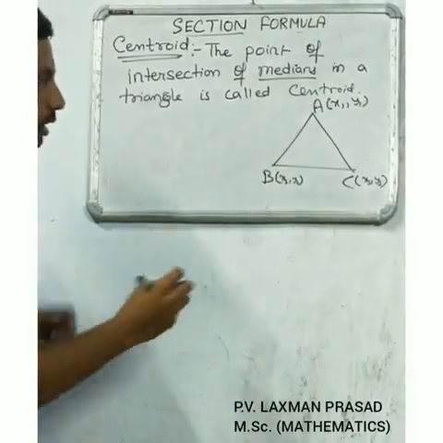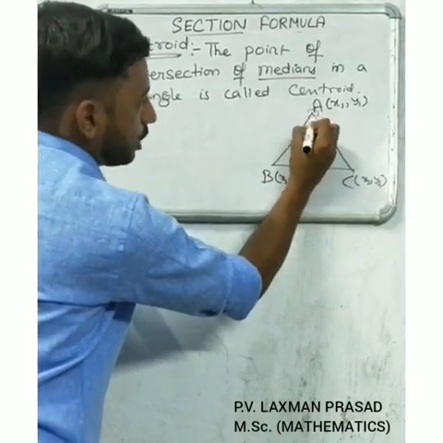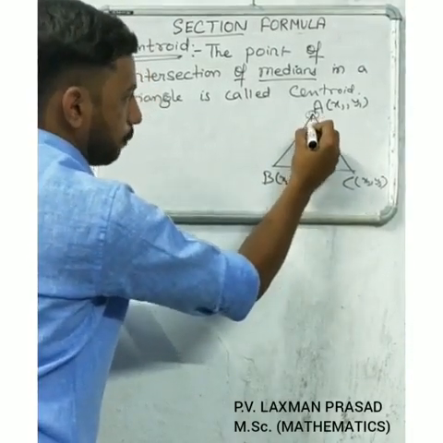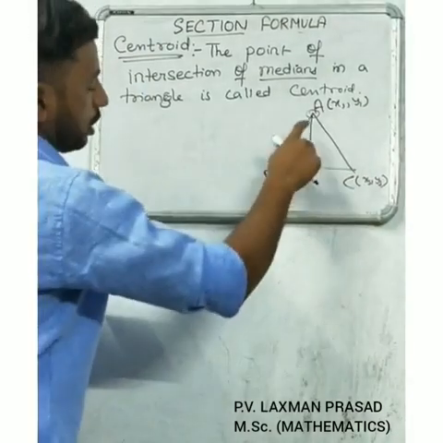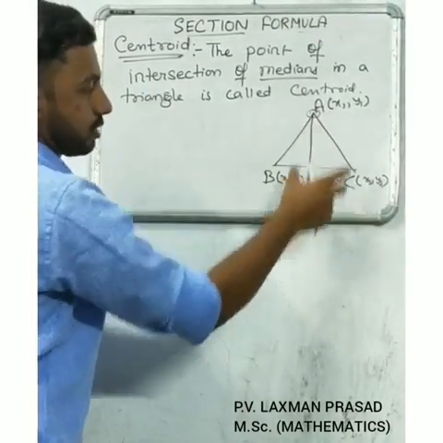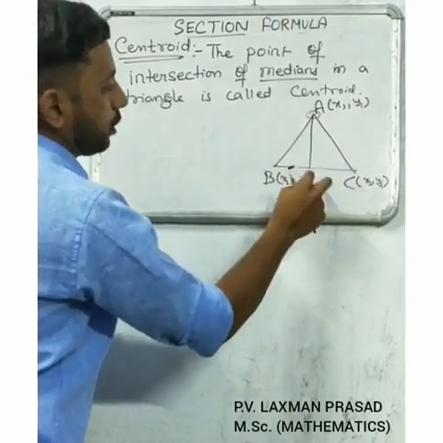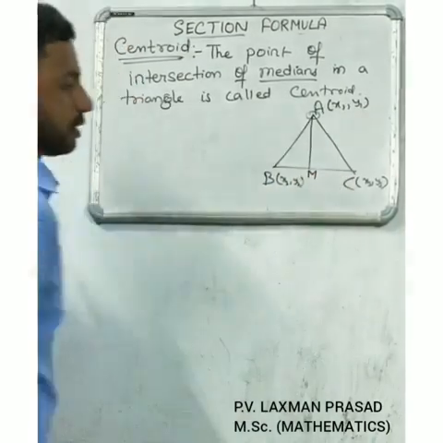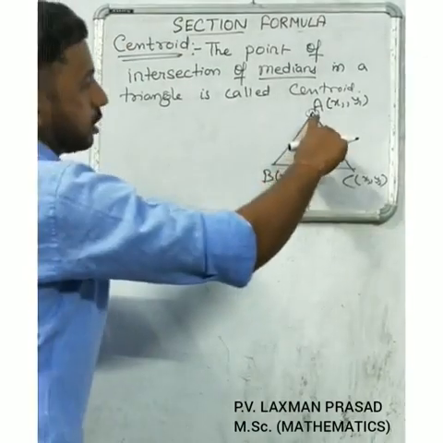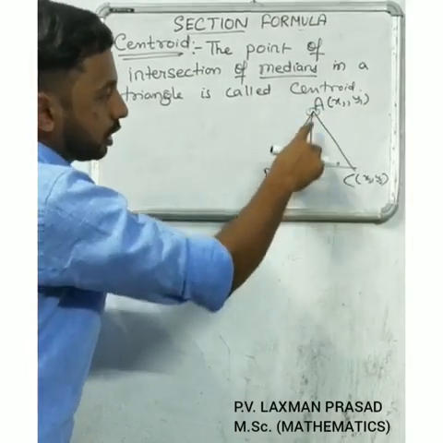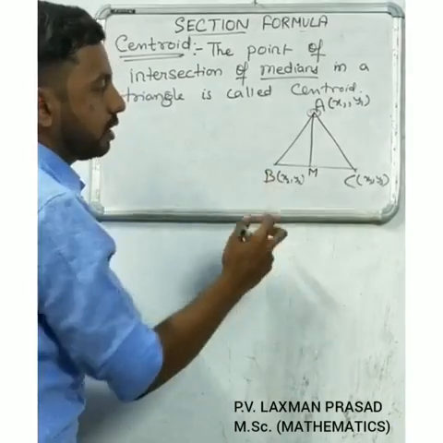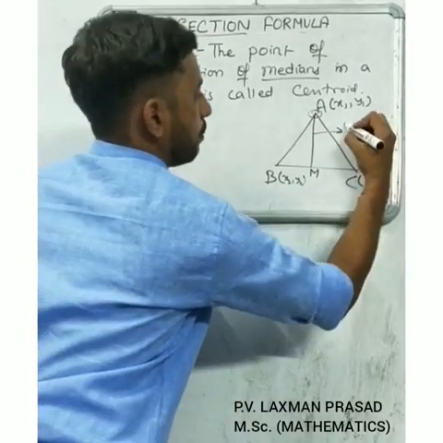A line that is joining any of the vertices with the midpoint of the opposite side. The side that is opposite to this vertex is BC. The midpoint of this BC, I am marking it as M. So any line that is joining the vertex with the midpoint of the opposite side is termed as median.